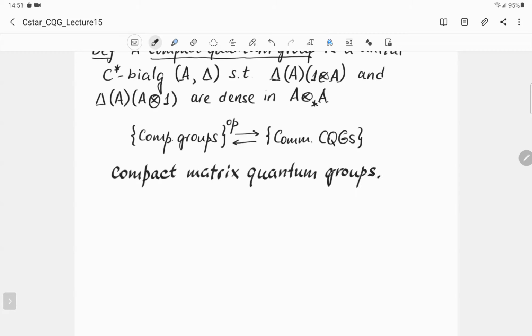And in particular, we'll introduce probably the most famous and the most fundamental example, which was chronologically the first example of a quantum group, namely the quantum SU2 group, which was introduced by Woronowicz in 1987.